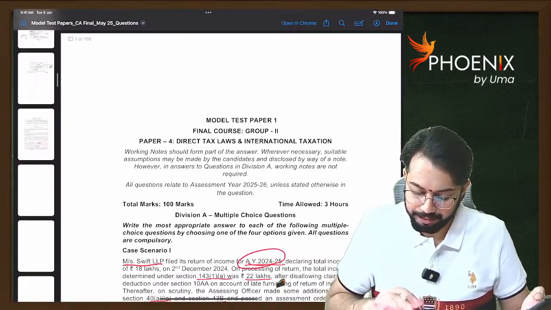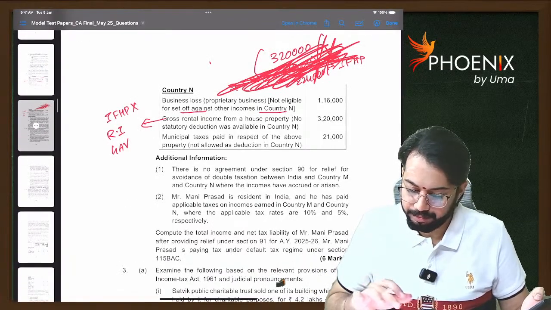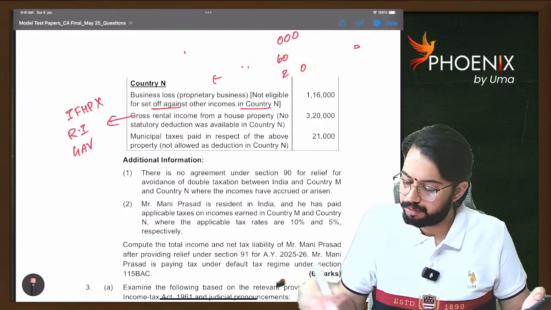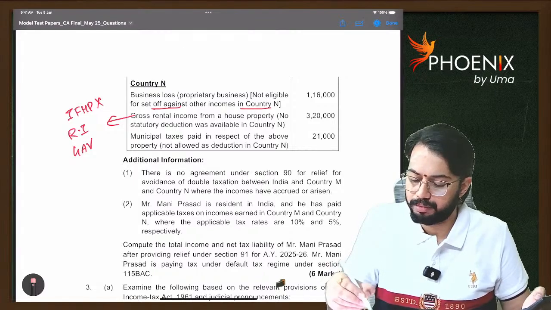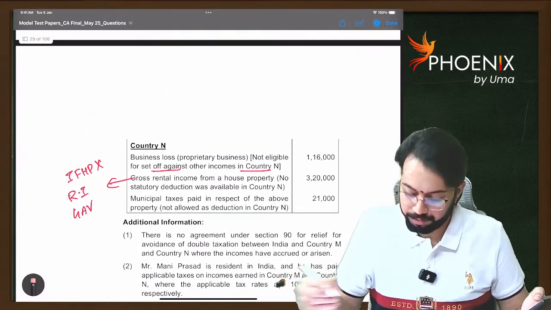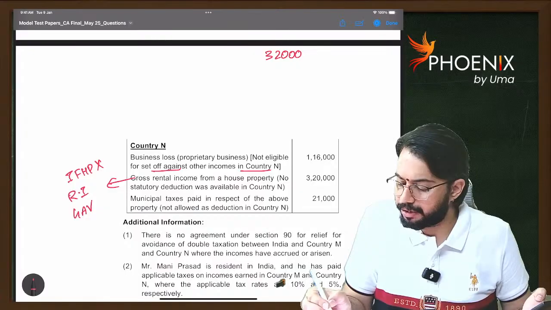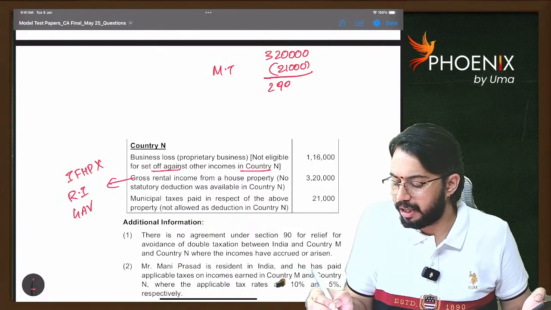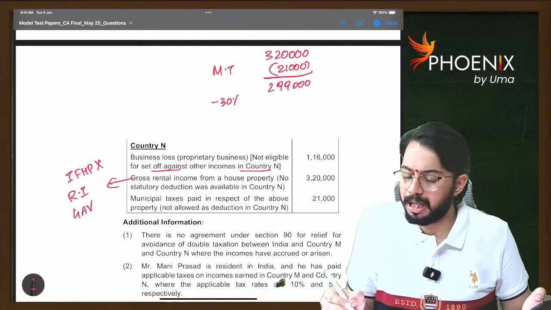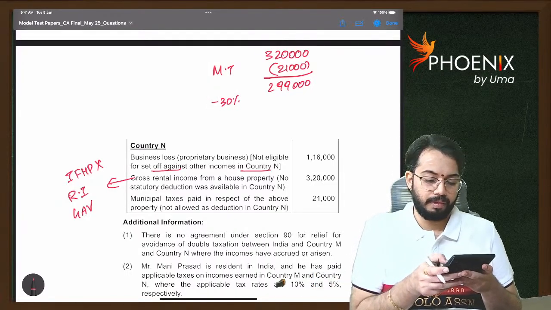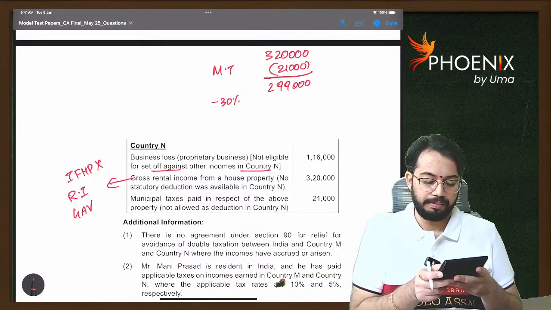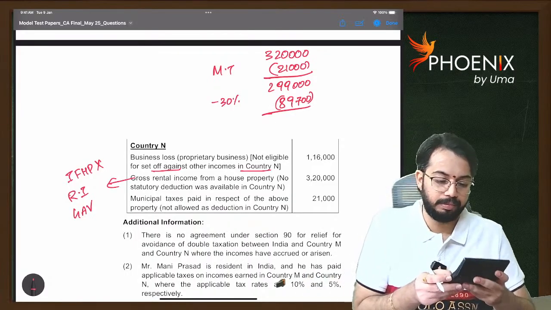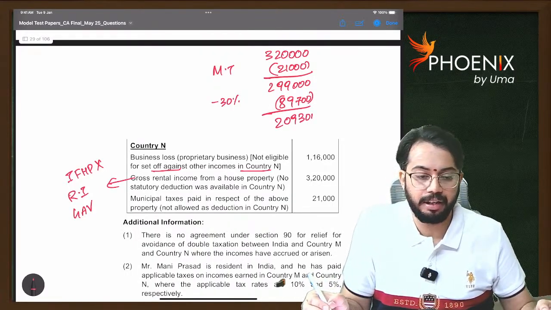From 3,20,000 we reduce municipal taxes 21,000, giving 2,99,000. From this we will claim 30% standard deduction, 89,700. Balance 2,09,300. That is income from house property.